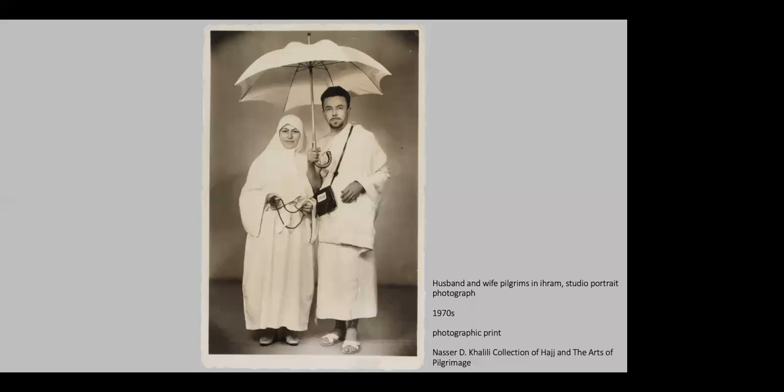The state of ihram is valid when the pilgrim is clean of mind and body and is wearing the ritual clothing. Men have to wear certain lengths of unstitched cotton cloth, and women may wear more or less any form of modest clothing. Although, of course, there are certain rules to abide by.